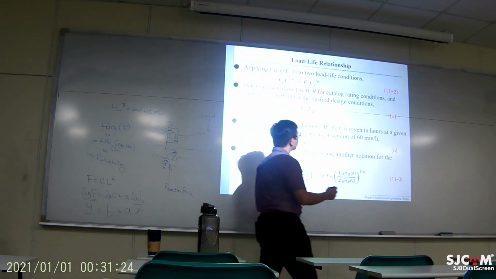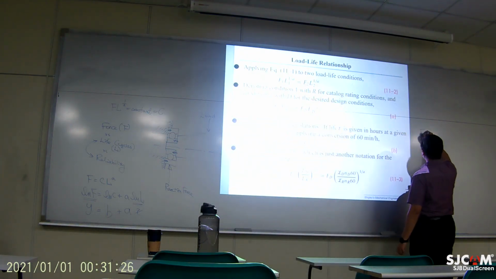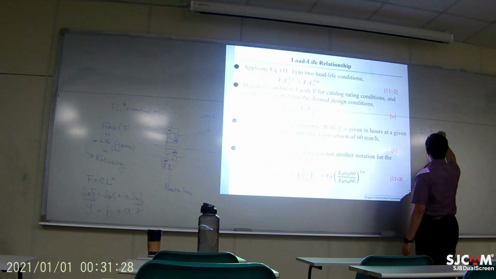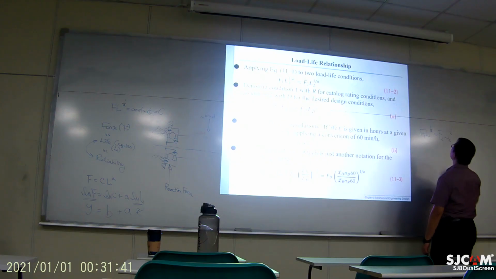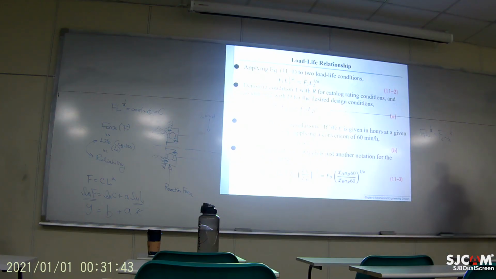Since we have that relationship, F L to the power of 1 over A equals a constant. So you can have a condition 1 and life 1, and this must equal the same expression at condition 2. Okay, that's why you have the equation on the top.